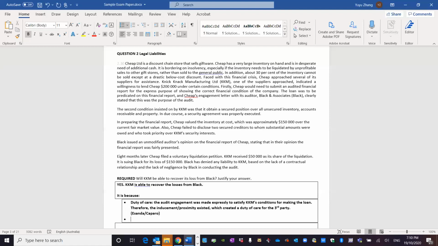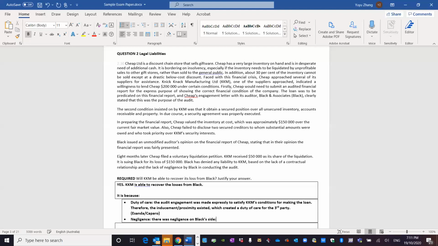What is the second point? Whether there was negligence. Negligence, okay. So further you analyze negligence. What information has been given from the case regarding potential negligence? Black was engaged to do an attestation review engagement of Cheap's financial report.